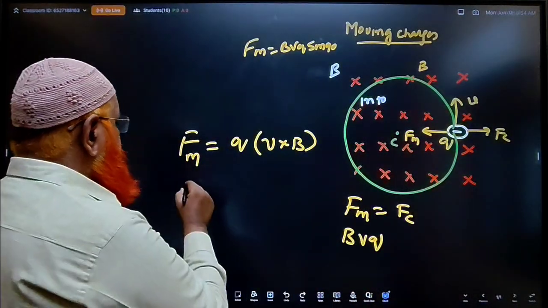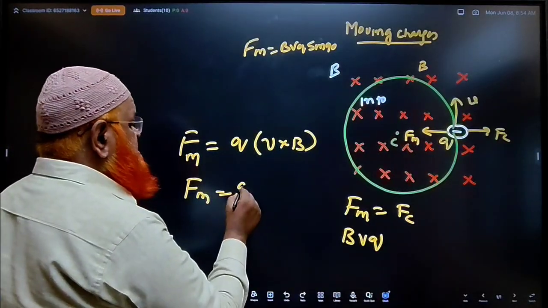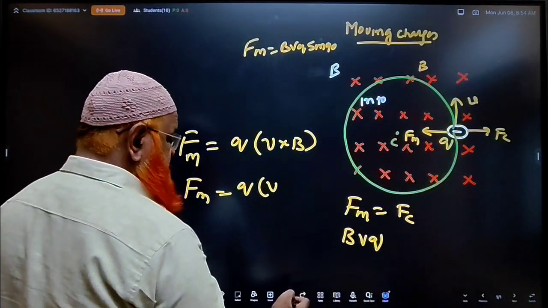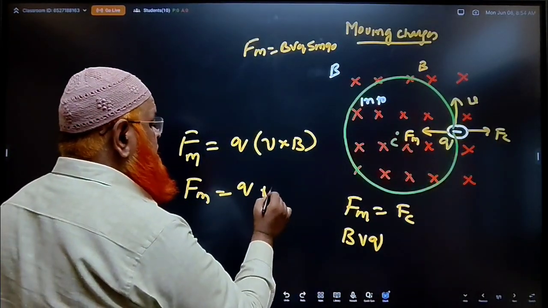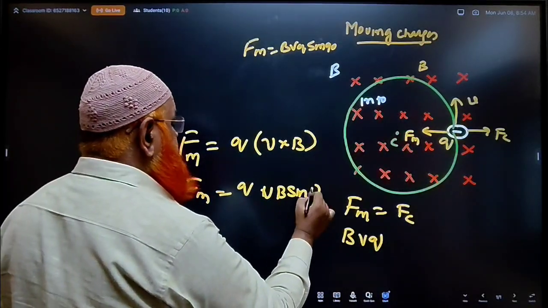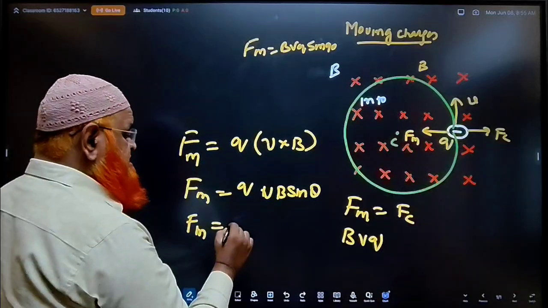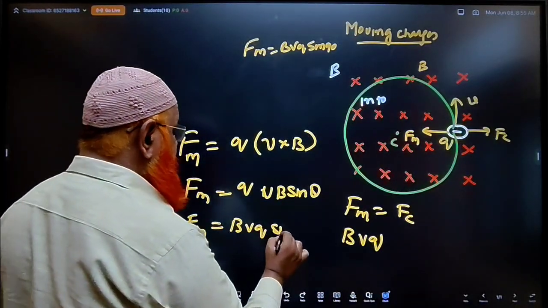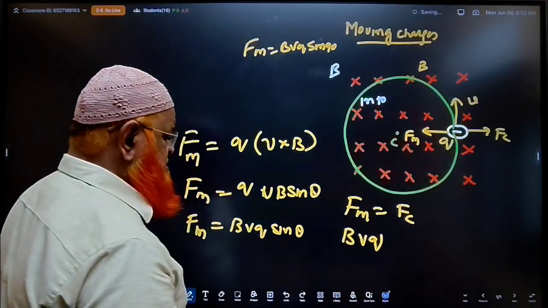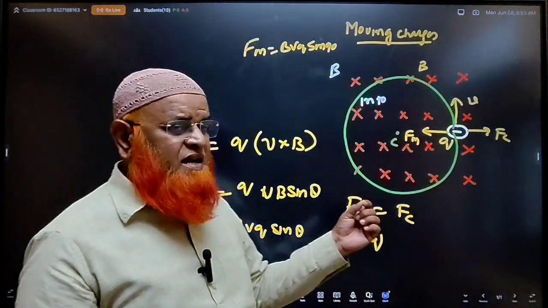So the force due to the magnetic field is QVB sine theta. To remember it easily, we write it as BVQ sine theta. This is the formula for the force acting on a charge.